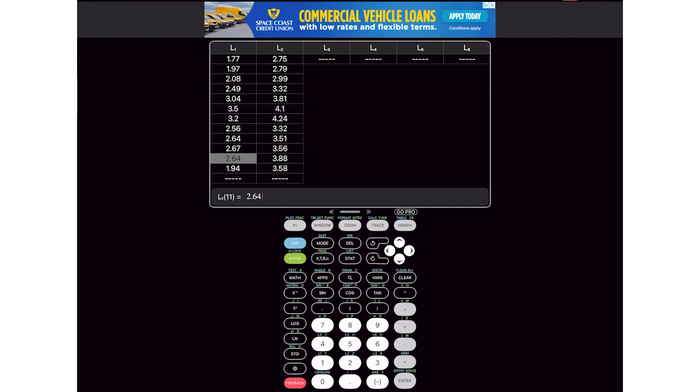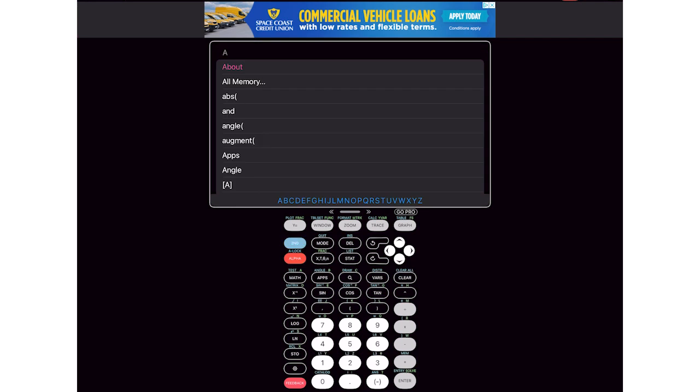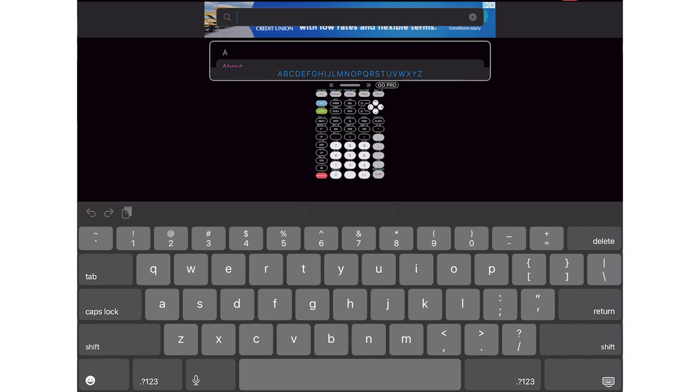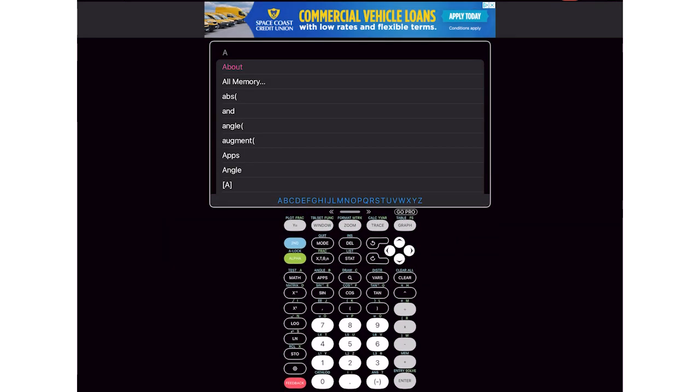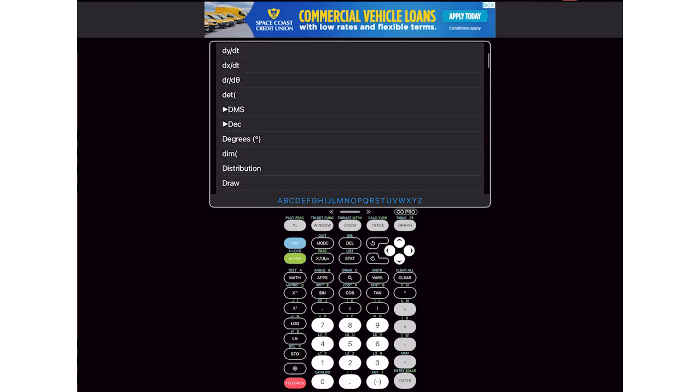All right, so in order to find the correlation, I need to turn on what's called the diagnostic. To do that, I need to go into the catalog. You hit the blue button and then 0 for catalog. The best way to go to catalog is alpha C, so hit the alpha button and then the letter C. Or you can just scroll all the way down, or sometimes alpha D for diagnostic.